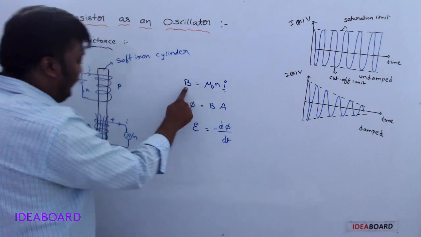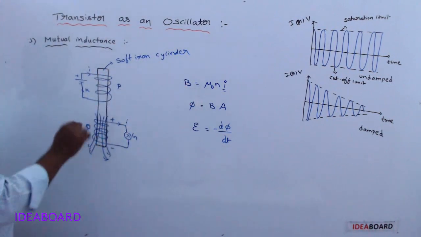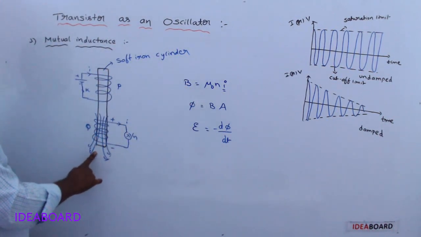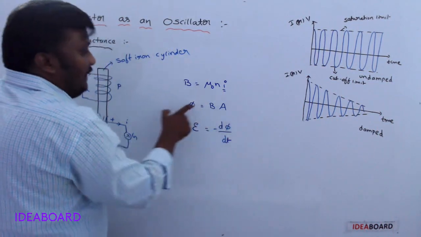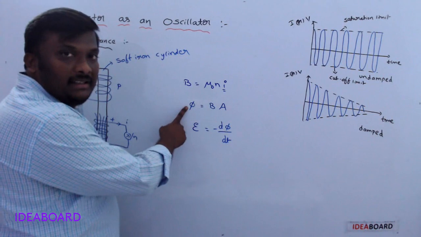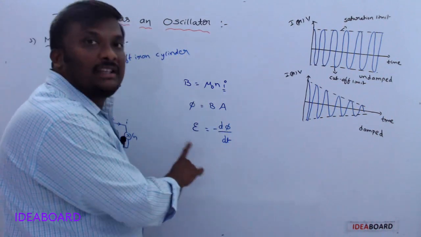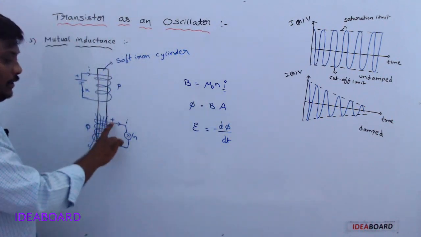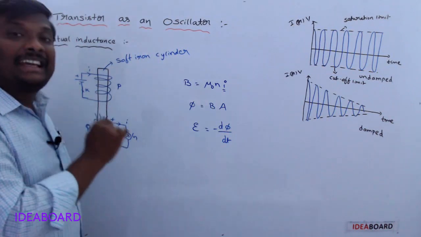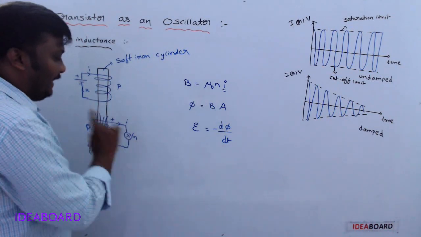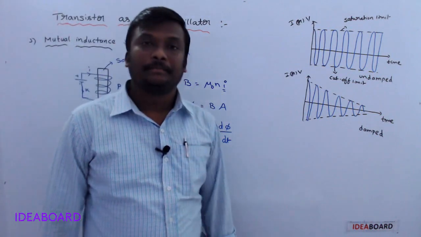The change in magnetic field produces a change in flux in coil Q by the formula phi equals BA. Whenever there is a change in flux, it produces an induced EMF E. This induced EMF generates the current I. That current passes through the galvanometer.